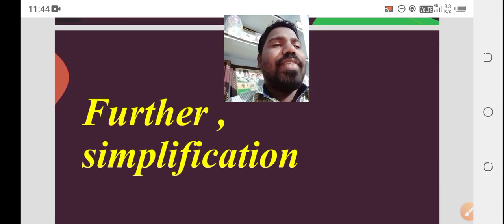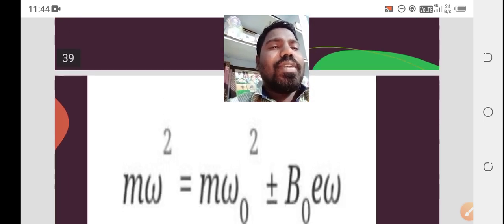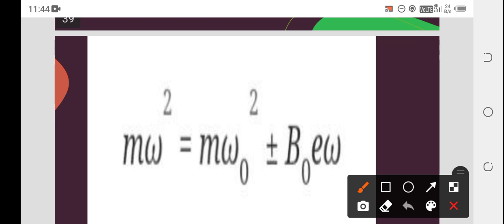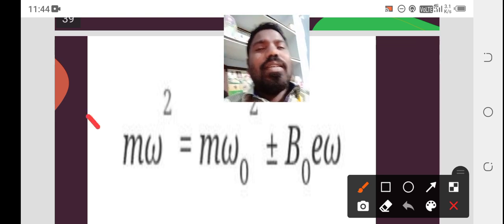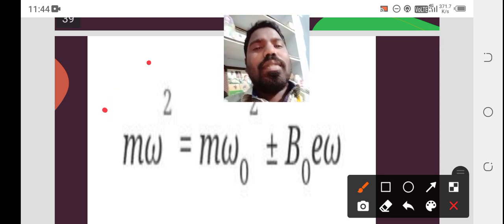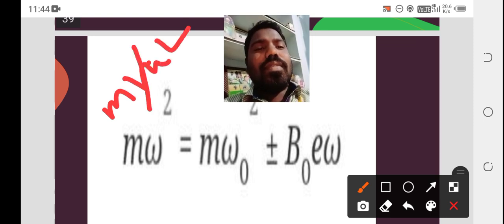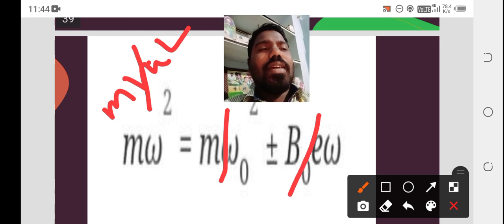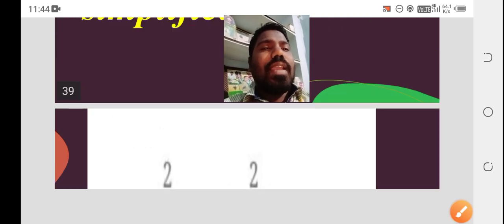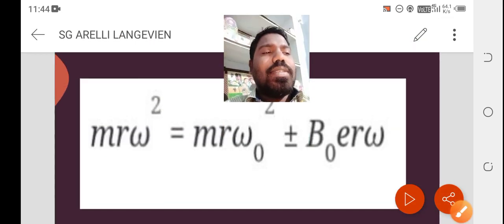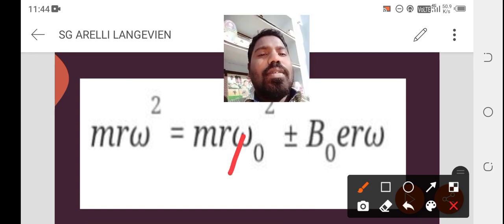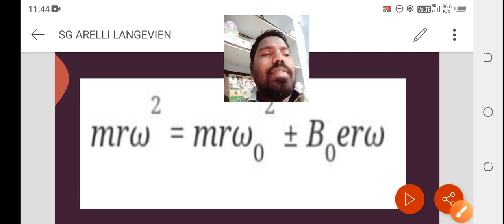For further simplification, the r in each term will be cancelled.